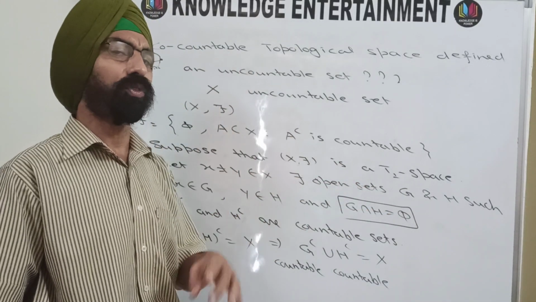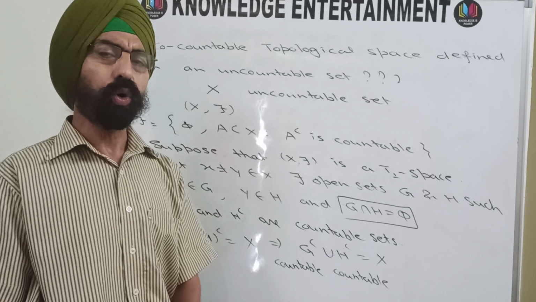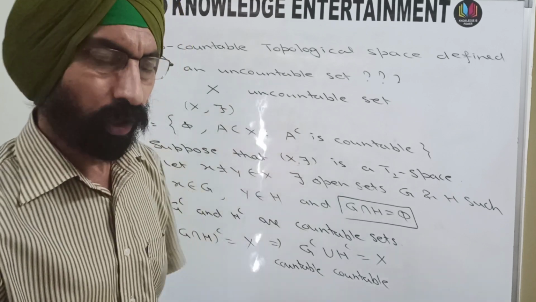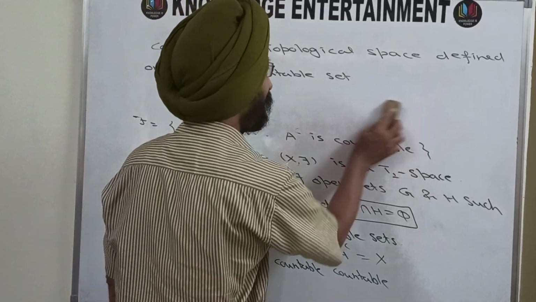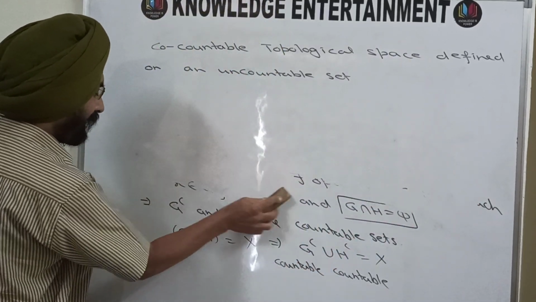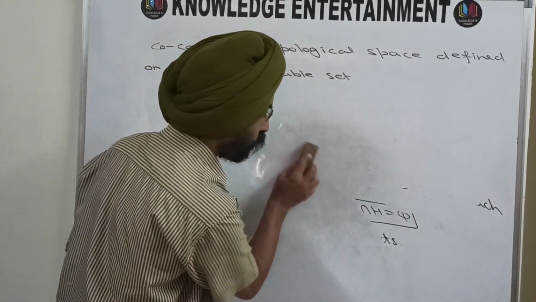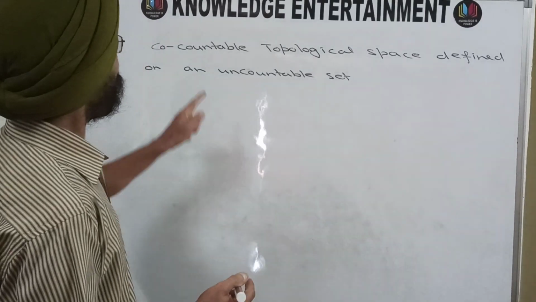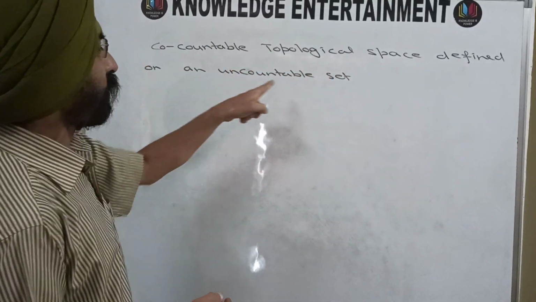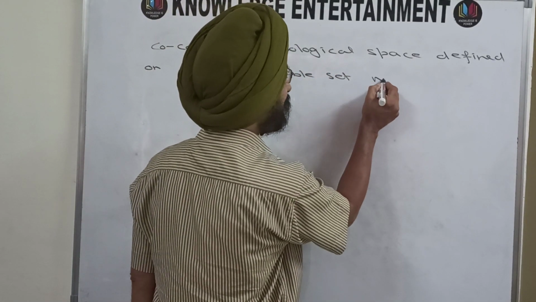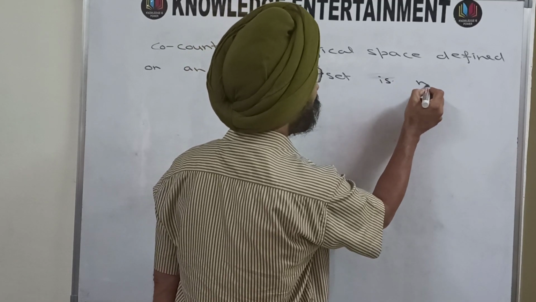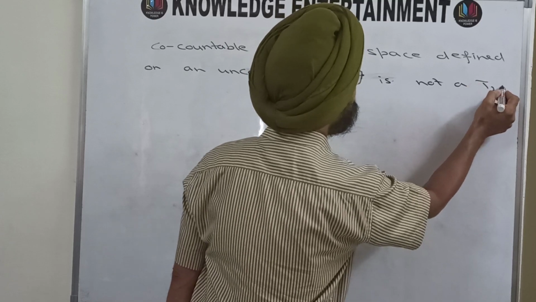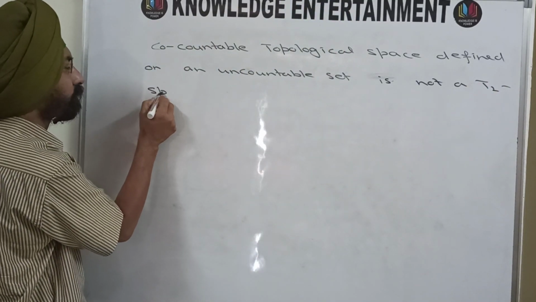So what we have proved, that co-countable topology on an uncountable set is not a T2 space, is not a Hausdorff space. So I am writing here, co-countable topological space defined on an uncountable space is not a T2 space.